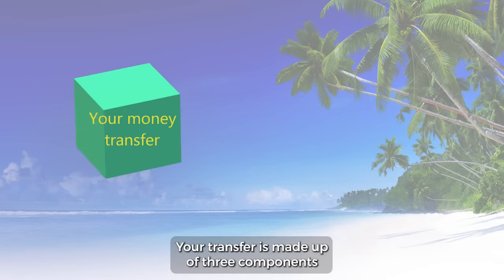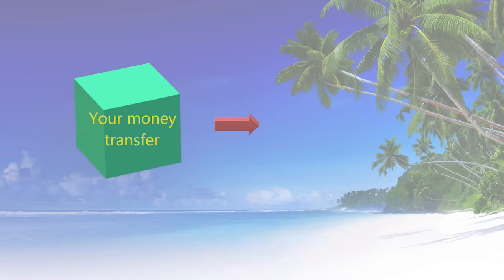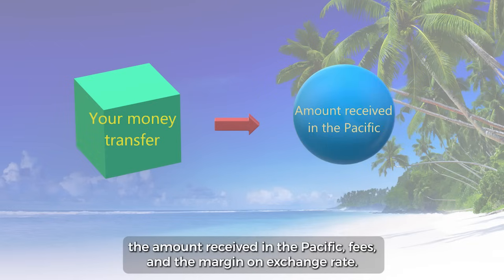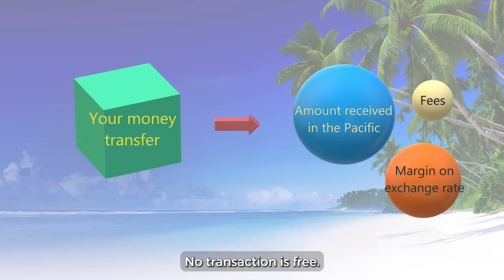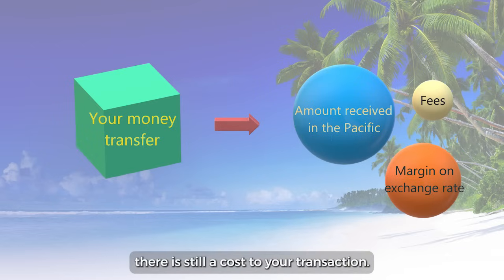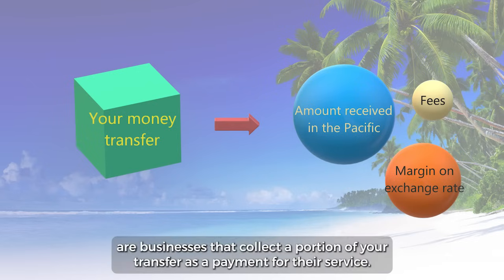Your transfer is made up of three components: the amount received in the Pacific, fees, and the margin on exchange rate. No transaction is free. Even if a transfer has zero fees, there's still a cost to your transaction. Money transfer operators, MTOs, are businesses that collect a portion of your transfer as a payment for their service.